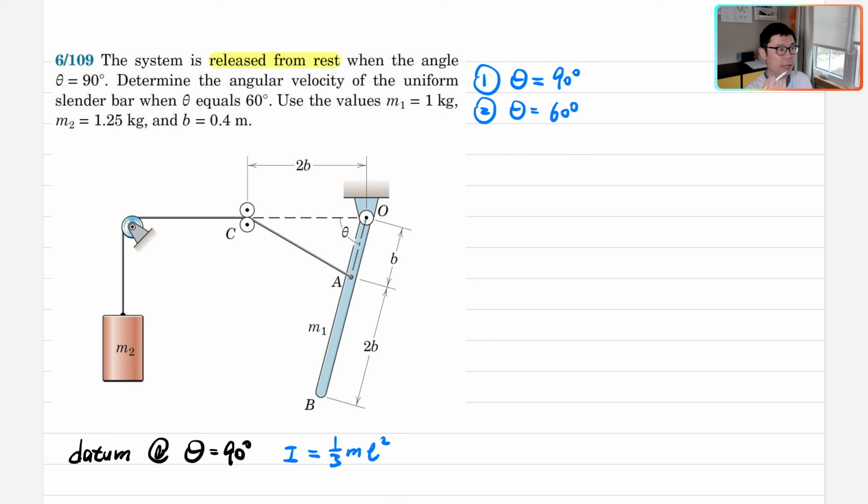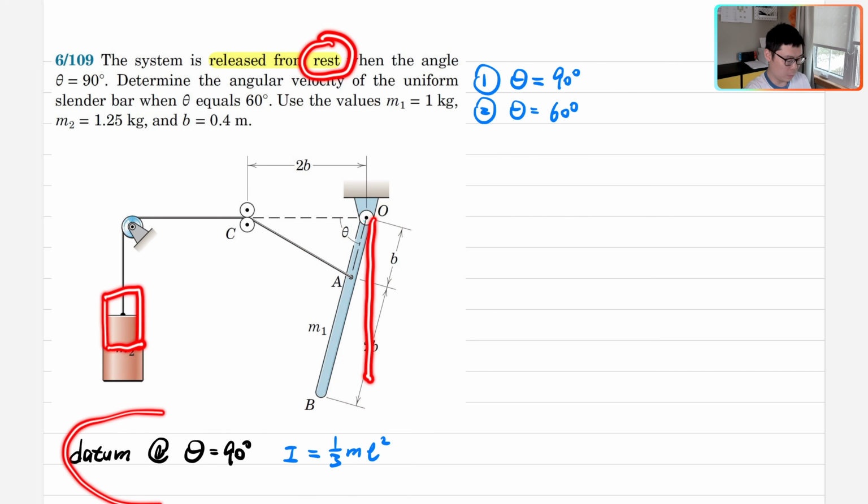what do we have? What did we have when theta was 90 degrees? The M2 will be a bit higher here, and when the bar is vertical, what do we have? We start from rest. At the same time, we define everything related to potential energy. The potential energy is at its datum, so potential energy is zero.